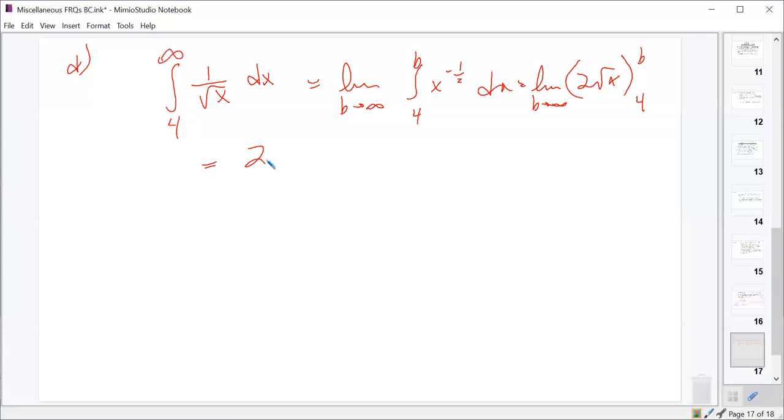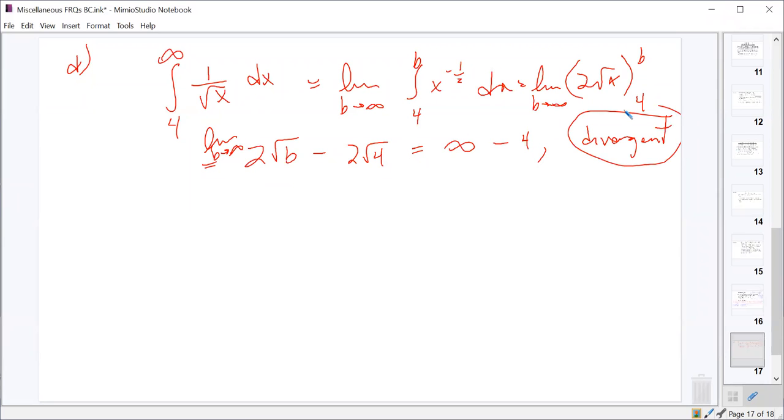That becomes 2 root b minus 2 root 4 as b goes to infinity, which is infinity minus 4, which is still infinity, which shows that it's divergent. So for the first half, you got 1 point for showing that this comes out to be 2 root b minus 4, and 1 point for stating that it's divergent because it's infinite.